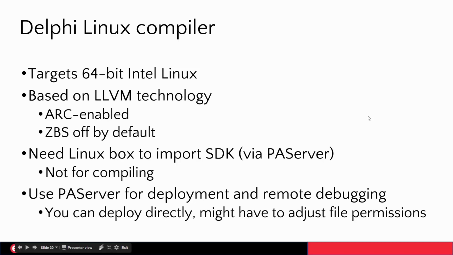This is a small utility you have to install by doing a copy, and run on your Linux server, similarly to what you do on a Mac for building Mac or iOS applications. And PA Server just sits there and receives commands from the IDE. So again, you can use it for deploying the applications directly or for remote debugging.